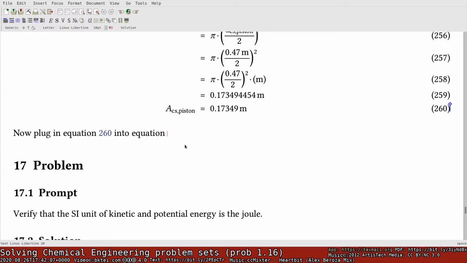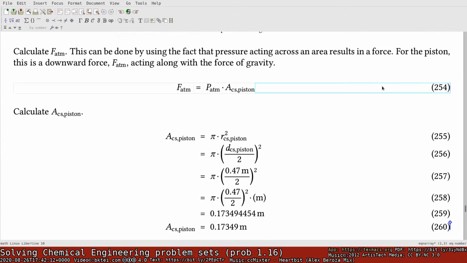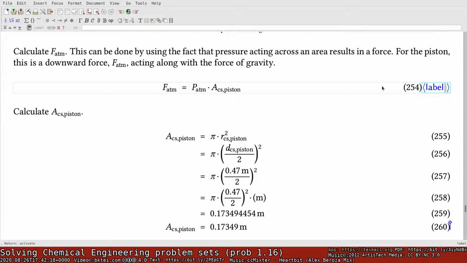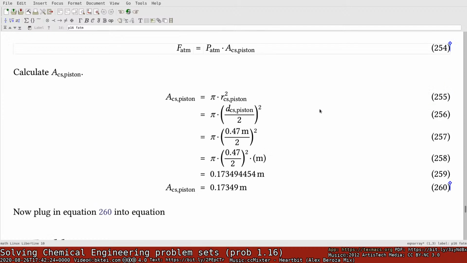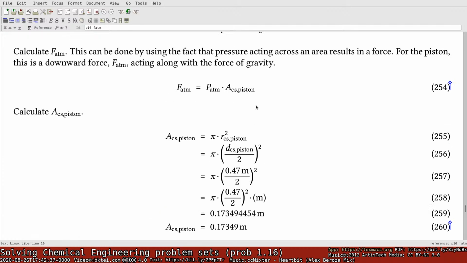So we're plugging equation 260 into equation 254, which you need a label for. So that's meta shift bang. This will be F problem 16, FATM. The equation, meta shift question mark. Problem 16, FATM.